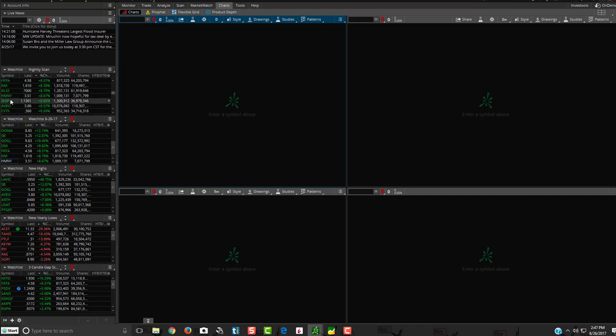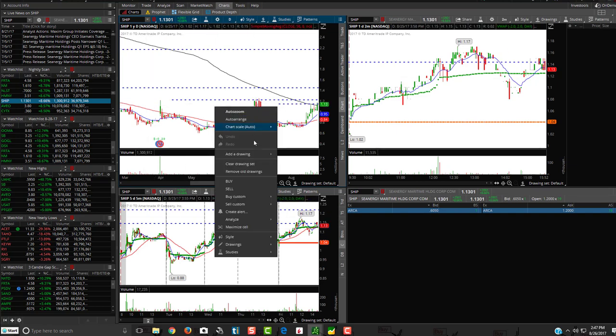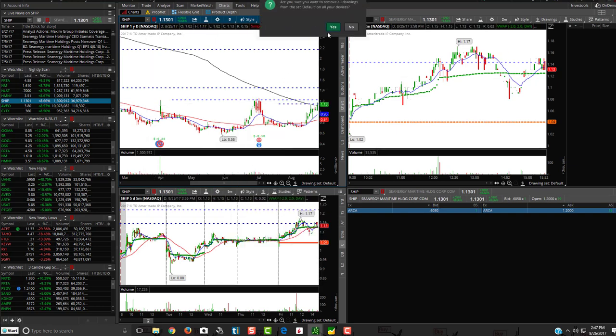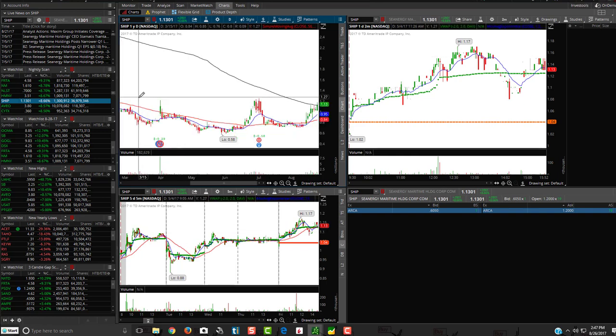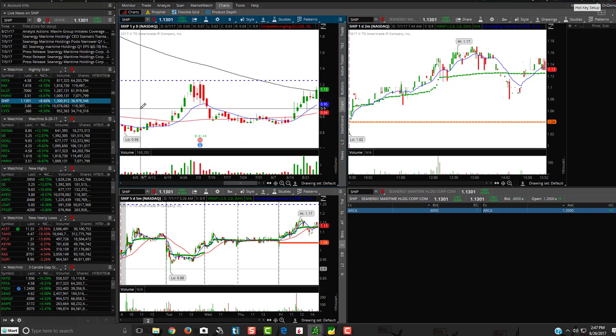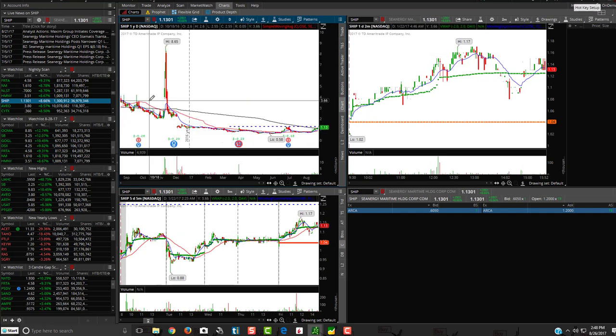There we go. SHIP. All right. So this one, another one, you want to see it clear this 125 marker. Price is creeping up there. And you can see that's a double bottom, a big double bottom, and that's a huge area of resistance.